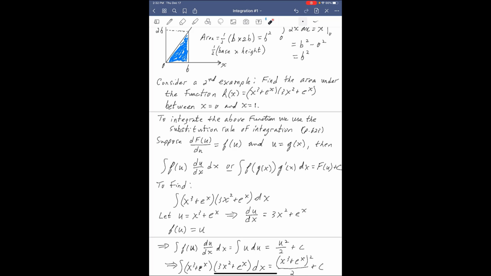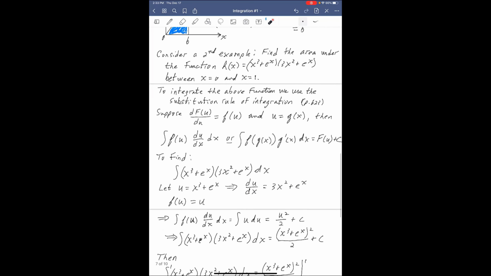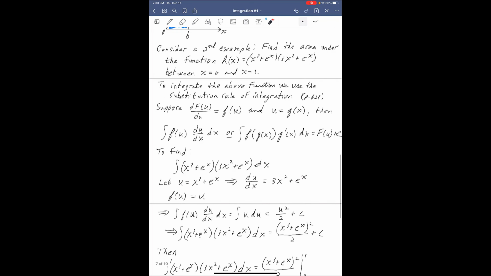So that means that to find the integral of this function, all we do is we set x cubed plus e to the x equal to u, and we know that du dx is 3x squared plus e to the x, and thus f of u is simply equal to u.